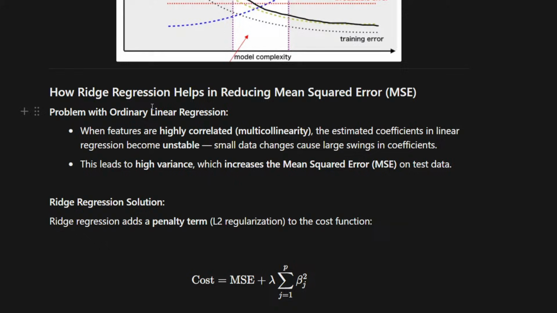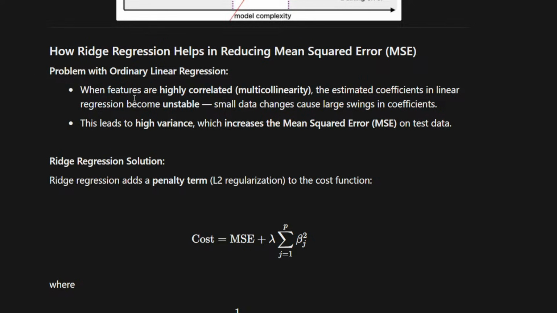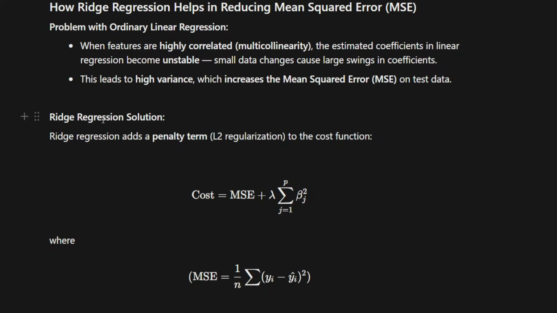The next subdivision: how ridge regression helps in reducing mean square error. This we have seen multiple times. So first tell about the problem. When multicollinearity is there, the model becomes unstable. Small data changes cause large swings in coefficients. So start with the problem and then tell the solution.